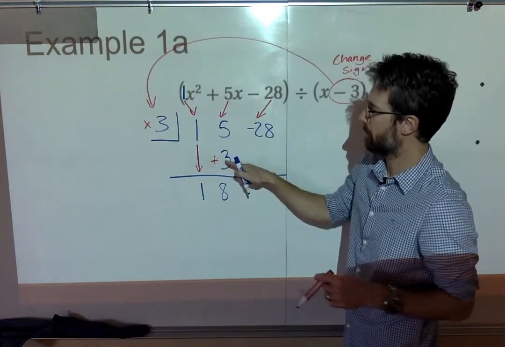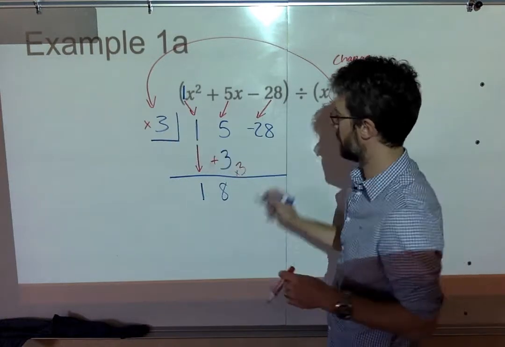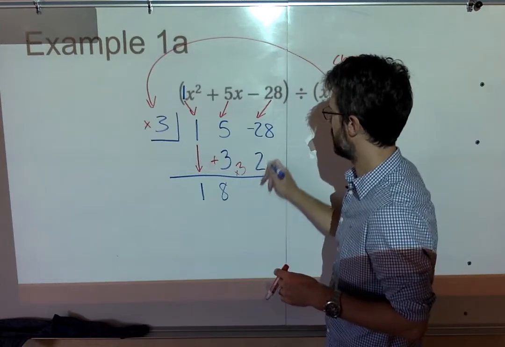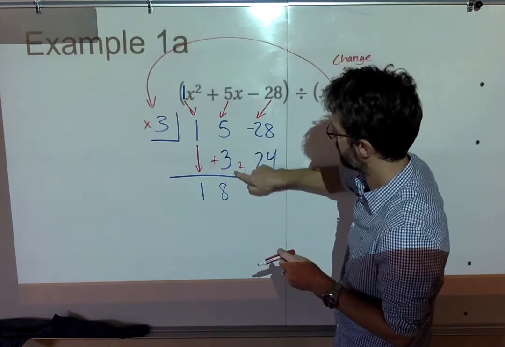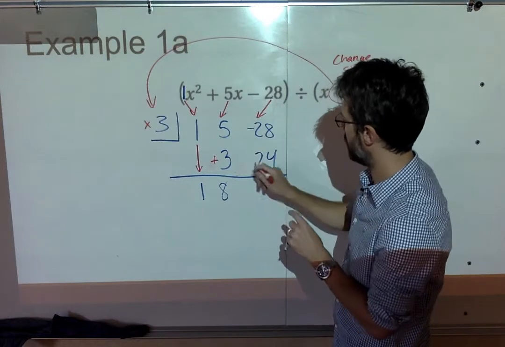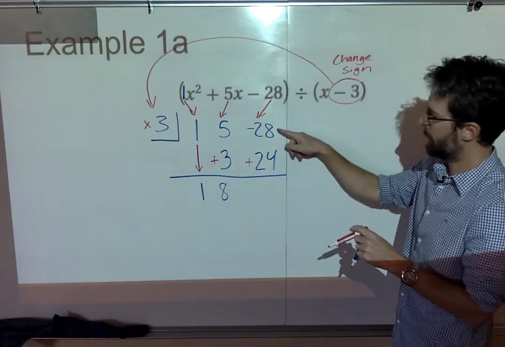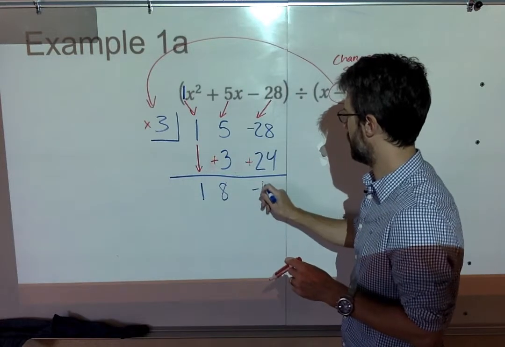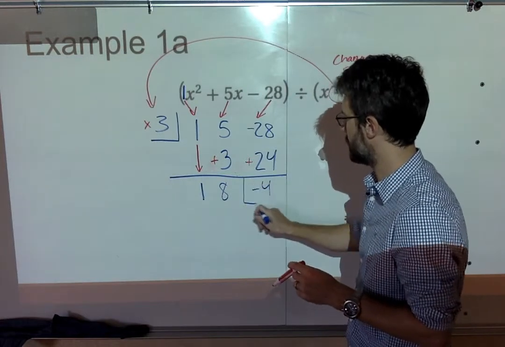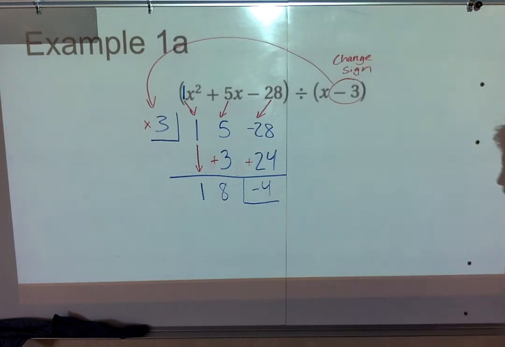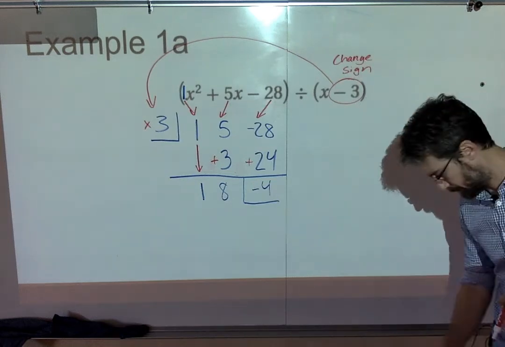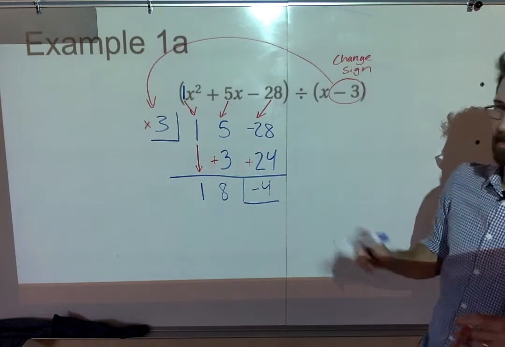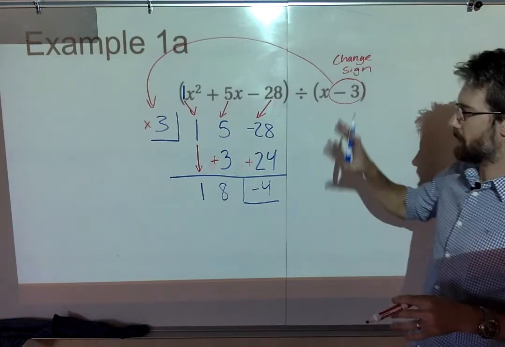I know they're both positive 3s, but it's always this number you're multiplying by. And we get a 24. Then we'll add negative 28 plus 24 is negative 4. And this number, the very last one underneath here, also gets a little box around it because that's special. That is our remainder.